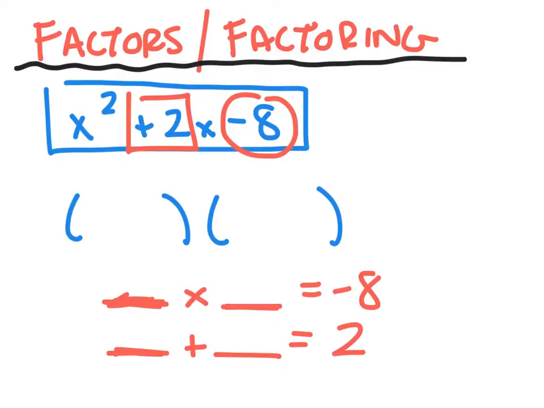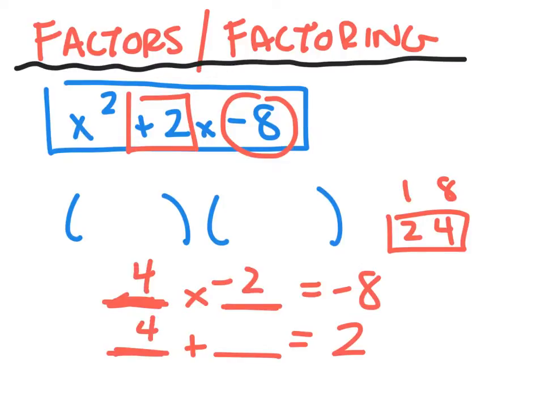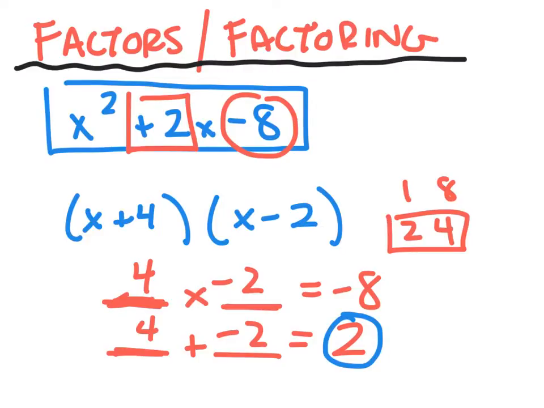What multiplies to -8? Well, just generally, your numbers for 8 will be 2 and 4, and 1 and 8. That is going to be our guy. So it looks like +2 and -4. Why did I pick those? Because they multiply to -8, but they add to +2. So our final answer would be x plus 4 and x minus 2. That would be how you could factor this one out.